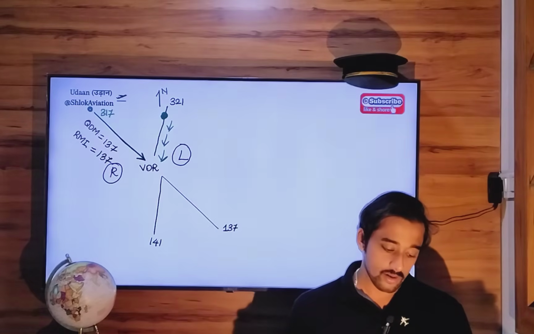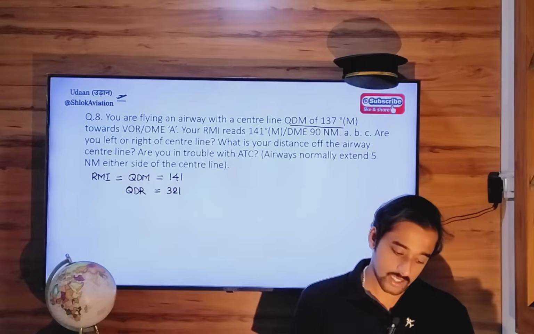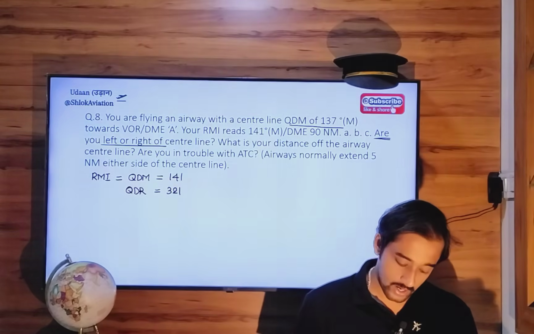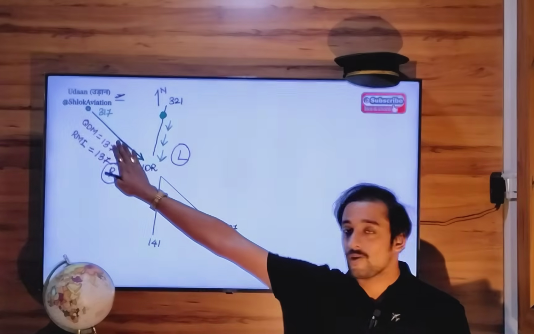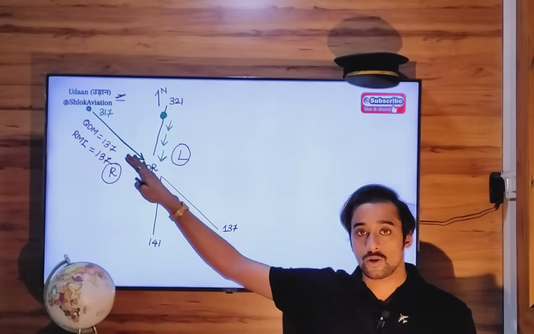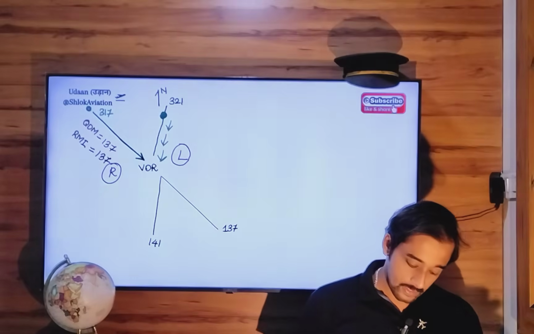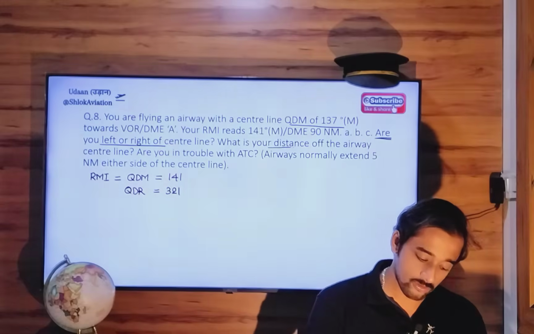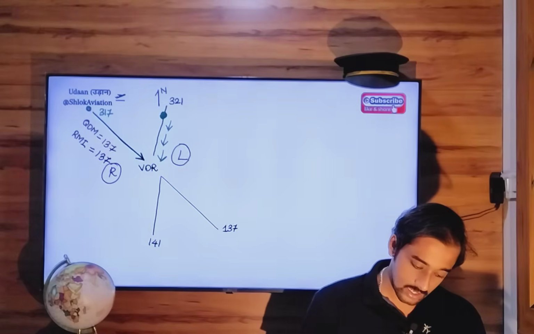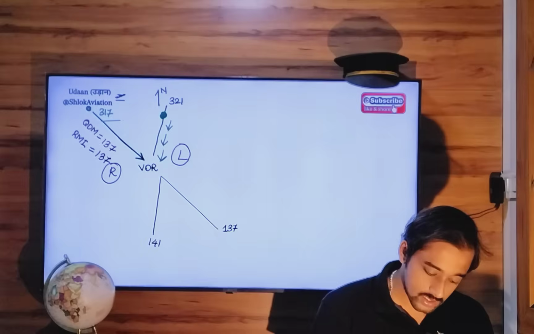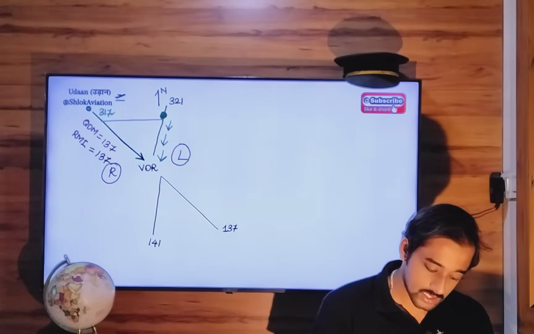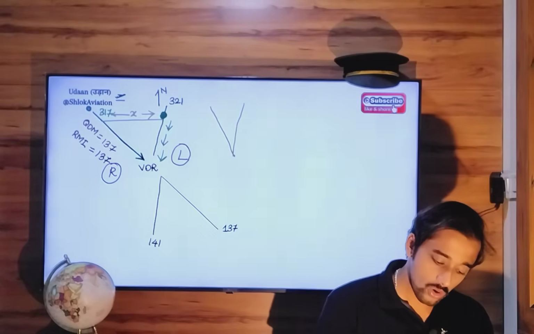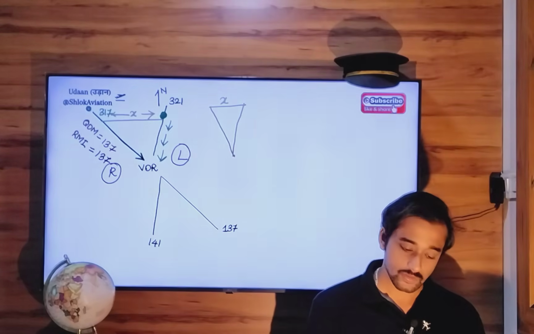So the first question states, are you left or right of center line? You should be on this track, but you are on this track. So you are to the left of the center line. Next, question B. What is your distance off the airway center line? So we have to find this off track distance X. We have this triangle like this.